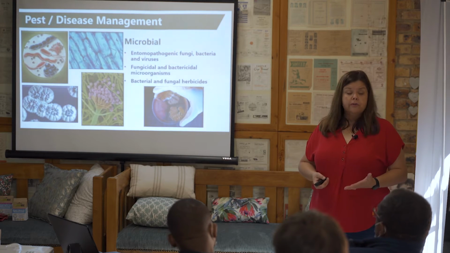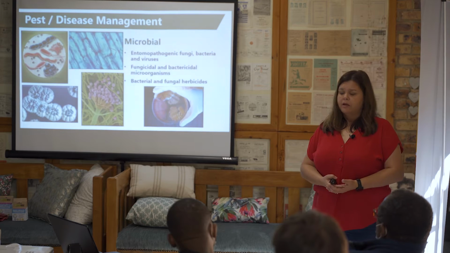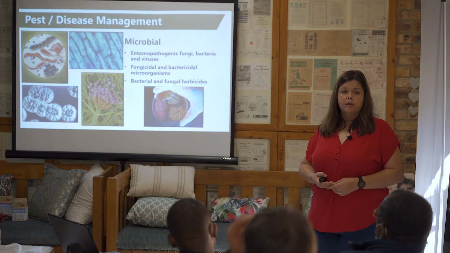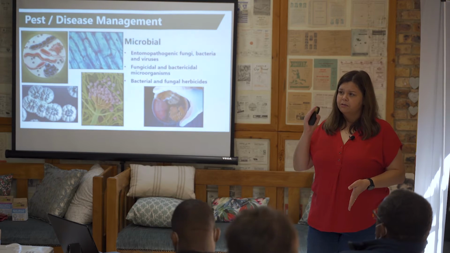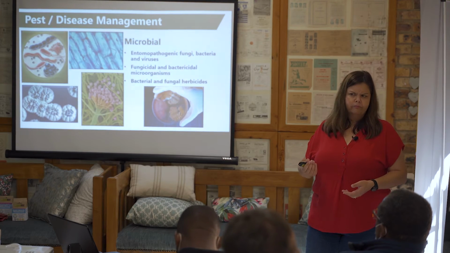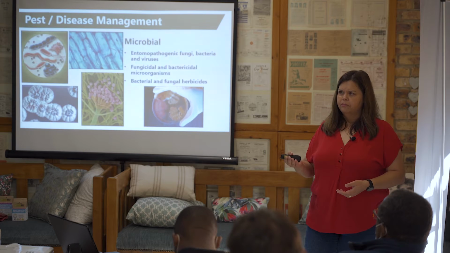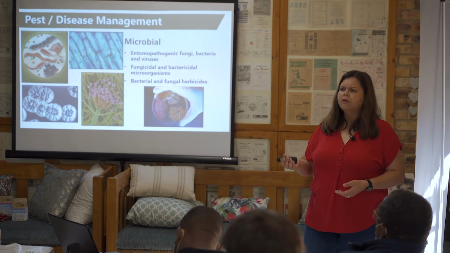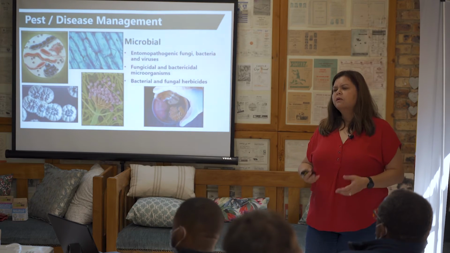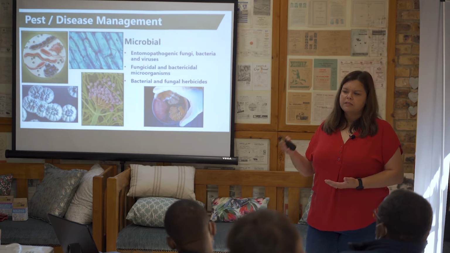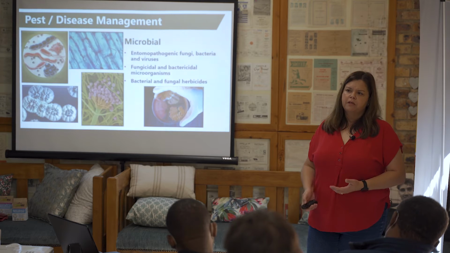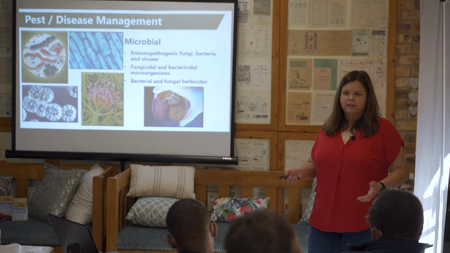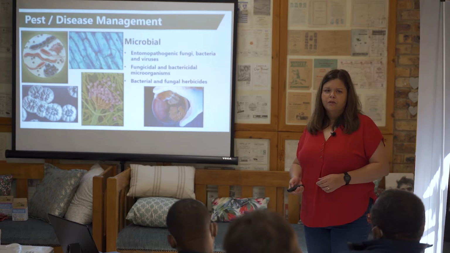And then you're also soon going to have some bacterial and fungal herbicides, which are highly specific to certain weeds. So things that are starting to grow resistance against some of your chemicals, highly specific, targeted herbicides, which I think can actually add a lot of value to our industry.